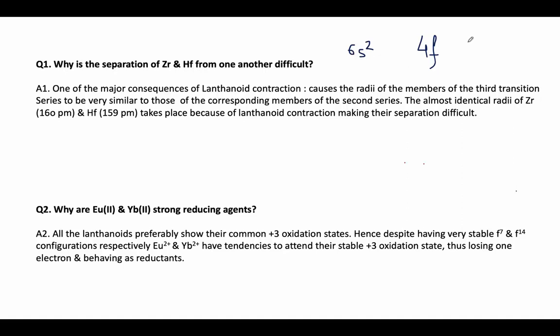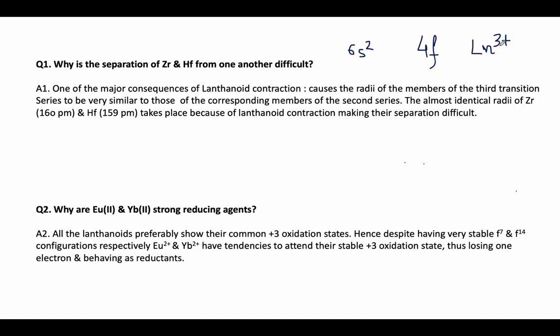But whenever we talk about the tripositive ion, that is Ln3+, Ln is used to denote all the lanthanides in a nutshell. So Ln3+ is the tripositive ion, and the +3 oxidation state is the most stable state of all the lanthanides that I have discussed recently.